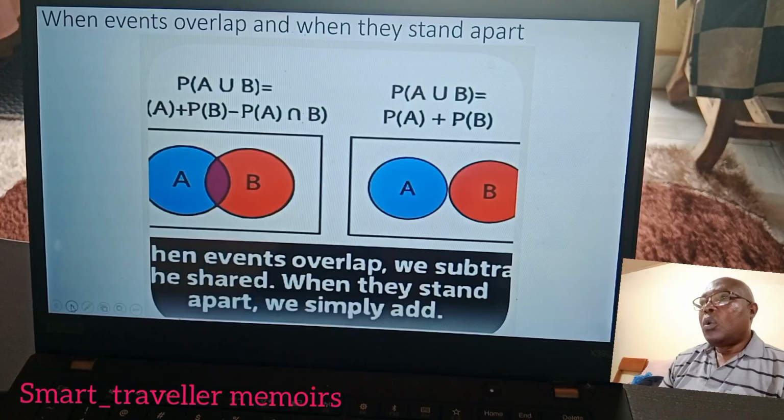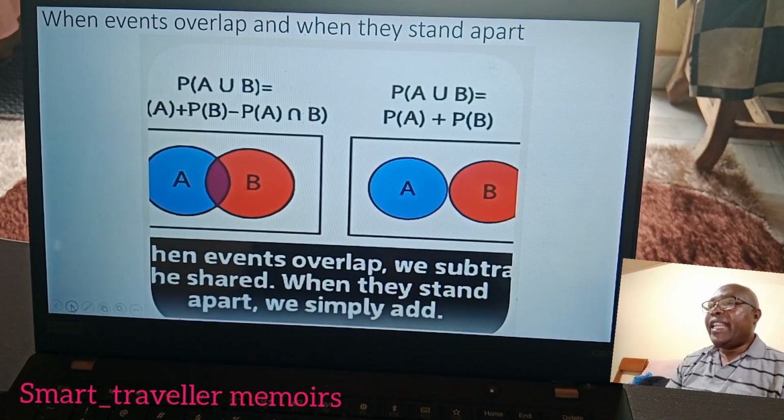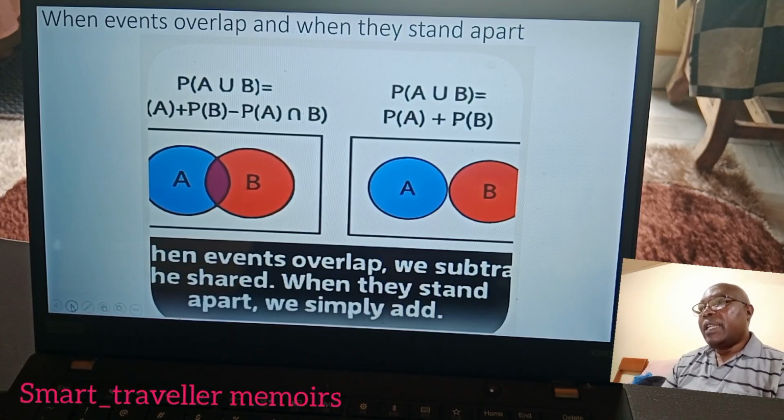So when events overlap and when they stand apart, we have two diagrams here, what we call Venn diagrams. Venn diagrams are circles. You just represent them with circles. If you look at the left, you have the events A and B, where you have the two circles intersecting.